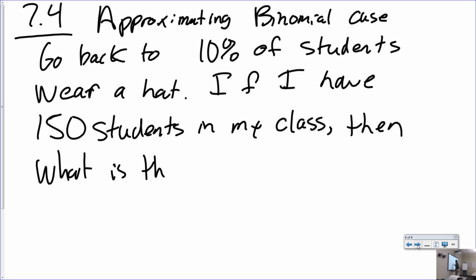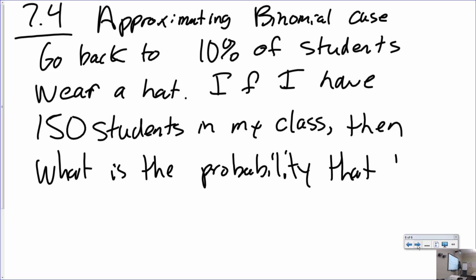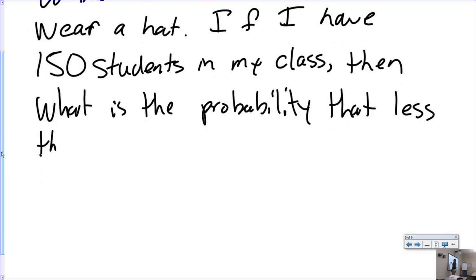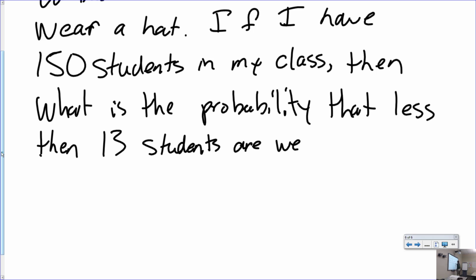Then what is the probability that less than, say, 13 students are wearing a hat?